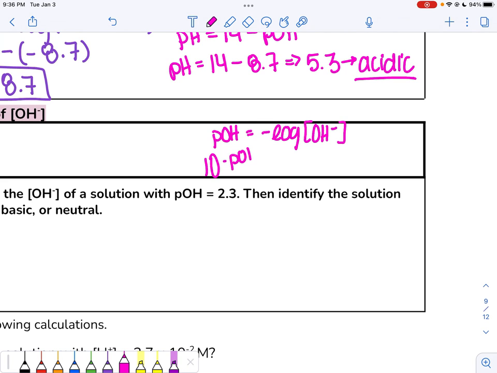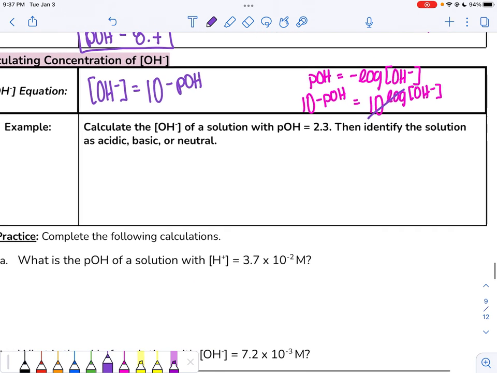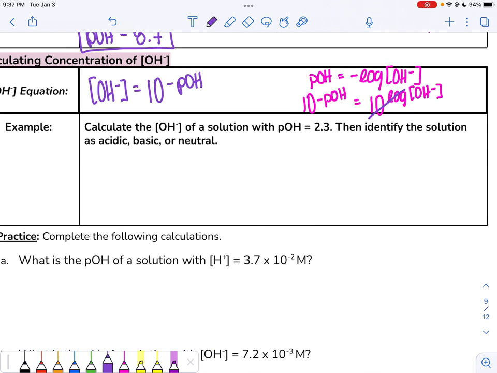And then I can also raise both sides by a factor of 10 to get 10 raised to the power of negative pOH is equal to 10 to the power of log concentration hydroxide. 10 and the log cancel out since the log has a base 10, and that gets me my equation for concentration. Concentration of OH minus is equal to 10 to the negative pOH.